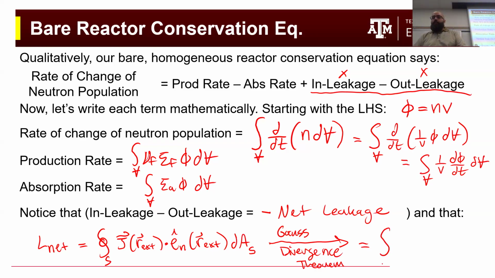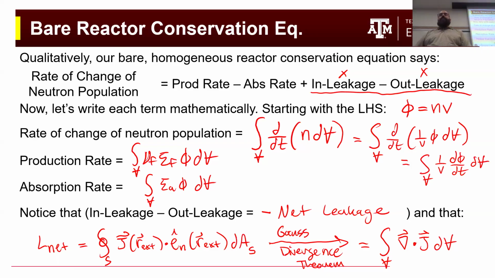And that equivalent volume integral would be the integral over the volume just of, sorry, of the divergence of J, and then that's integrated now over volume. So we're making clever use of Gauss's divergence theorem to rewrite the net leakage from a surface integral to a volume integral, and that's going to allow us to move further in our problem because now every term is a volume integral.